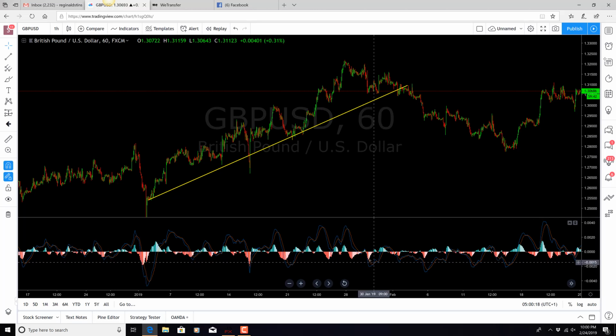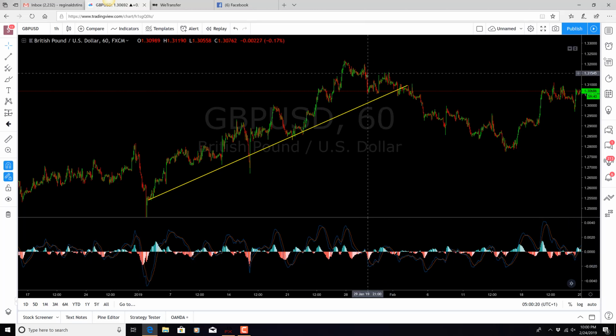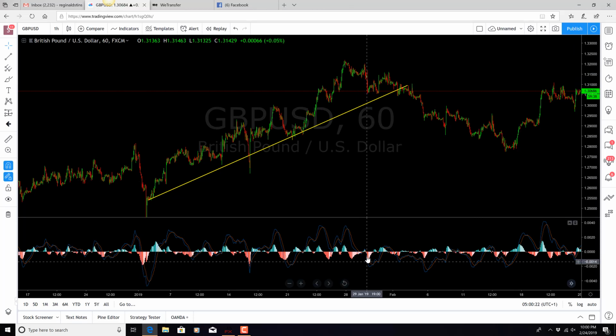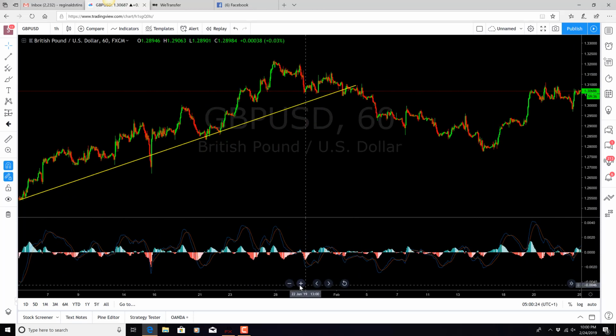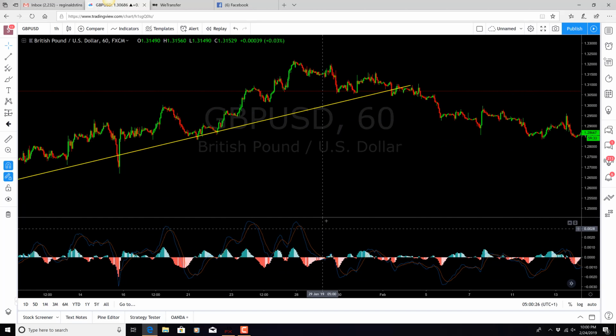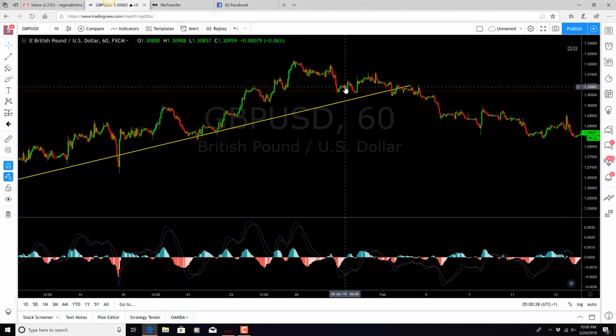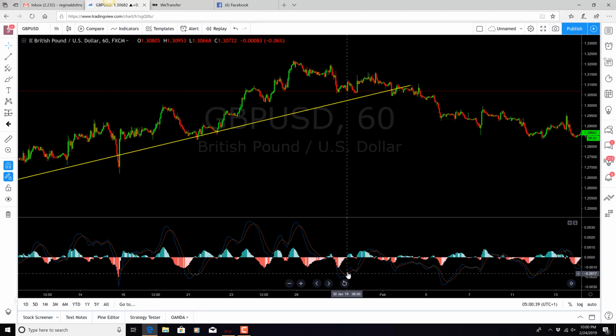The market is going down, and if I zoom in a little bit, right where this impulse is, you notice that this pink or reddish color is darker than this pink color. That's an indicator that the market is moving strongly to the downside, and you're looking at a possible trend reversal.